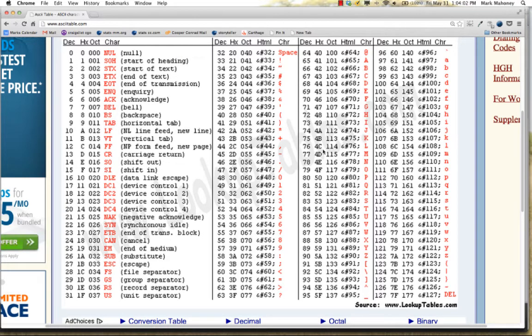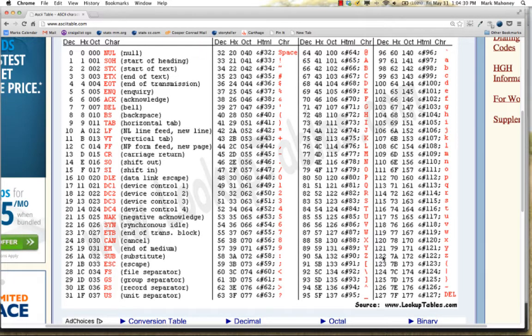What you'll see here are the uppercase letters. The value for uppercase A is 65, uppercase B is 66, and so on. Uppercase Z is 90. Then we have a few characters, and then we start to see the lowercase letters starting at 97 and going all the way up to 122.